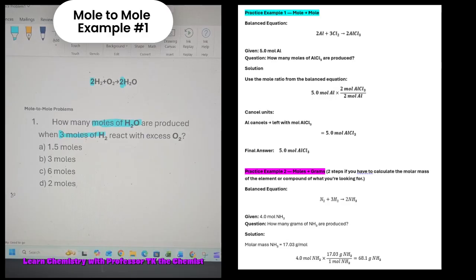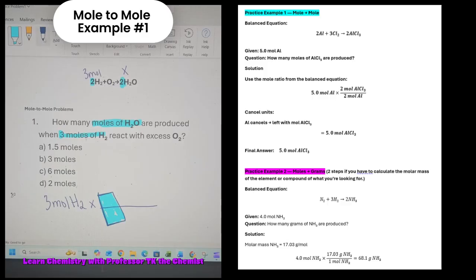Watch this. I gave you originally 3 moles of hydrogen, and you're looking for the number of moles of water. They are technically the same answer because they have the same coefficient. So here's what you're going to do. You're going to say 3 moles of hydrogen, and then on the very bottom, you're going to go back to your coefficients. In this box right here, I'm going to use the coefficients from the chemical reaction.